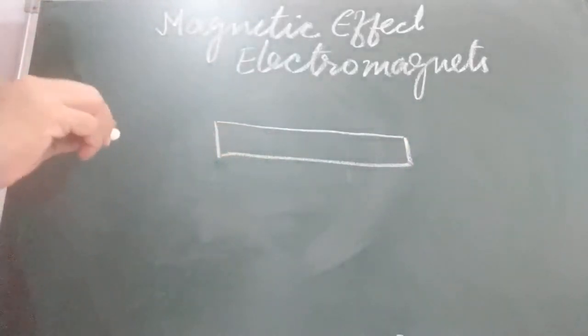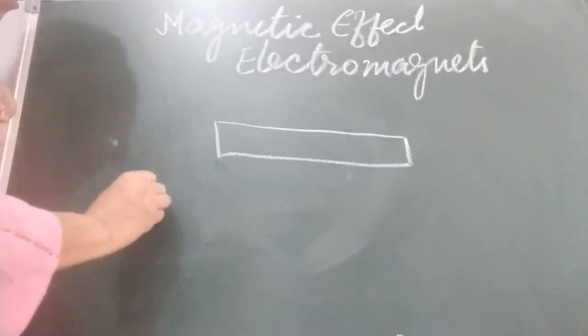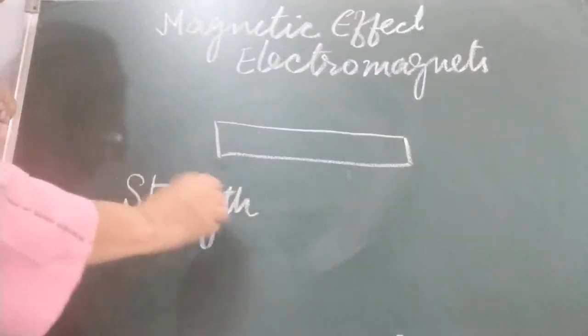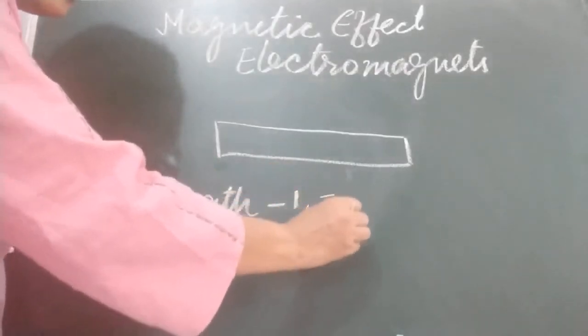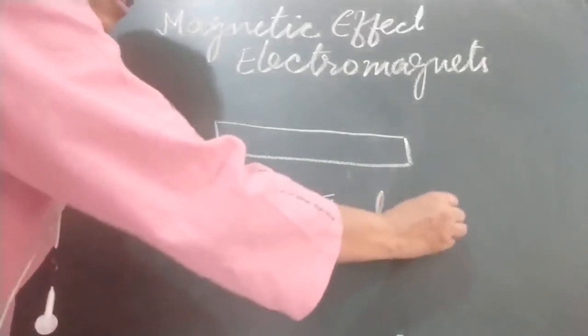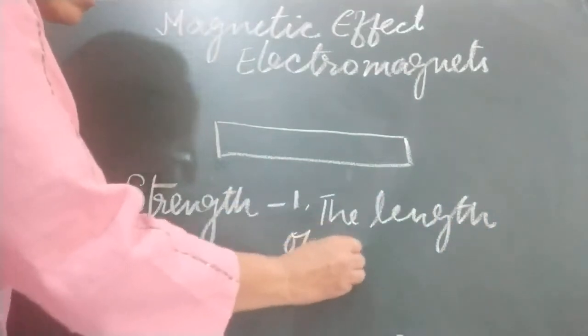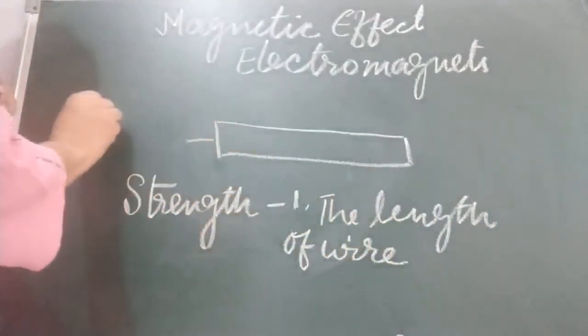Children, two things are very important for the strength of the magnet. First thing, the length of wire. Here I have taken soft iron.